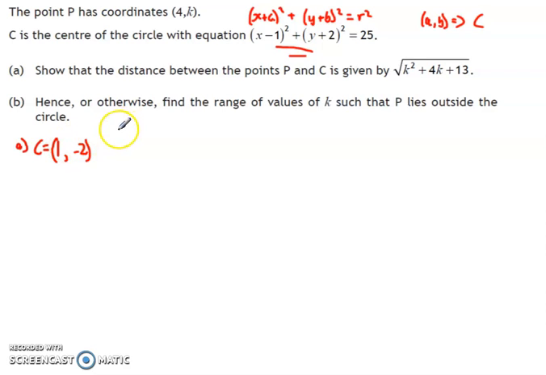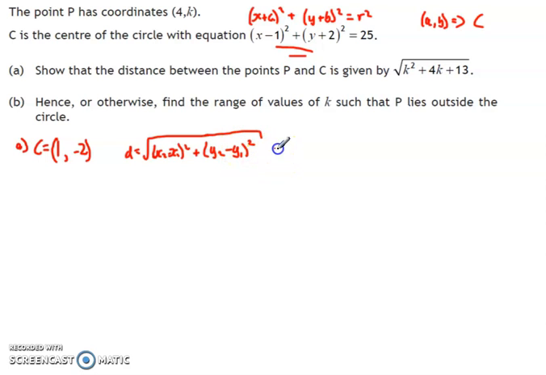What I then want to do is use the distance formula to show the distance between this point and this point here. Remember your distance formula is the square root of (x2 minus x1) squared plus (y2 minus y1) squared, where x2, x1, y2, y1 come from the coordinates.